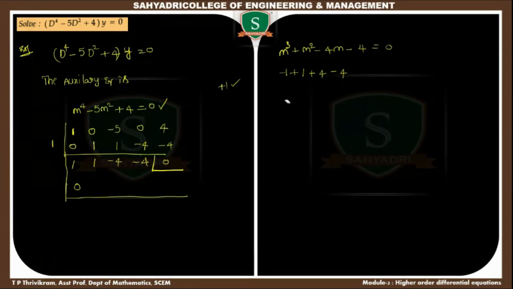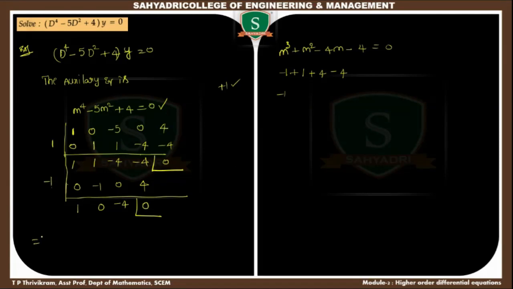I have substituted minus 1 in the equation, so minus 1 I have written here. If you add it, 1, and 1 into minus 1 you got minus 1, so you get 0. Next 0 minus 4. Minus 4 into minus 1 you get plus 4, so minus 4 plus 4, 0.